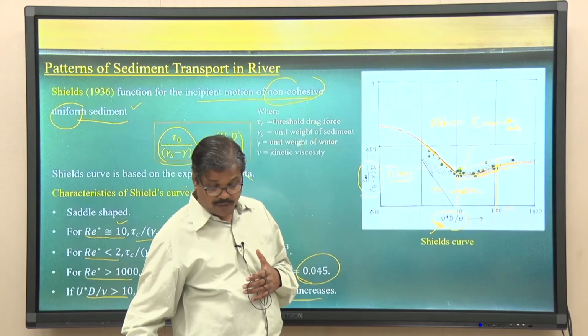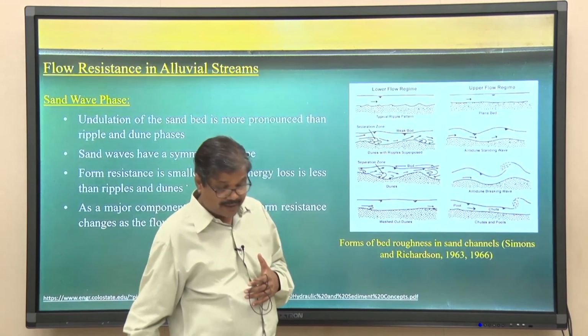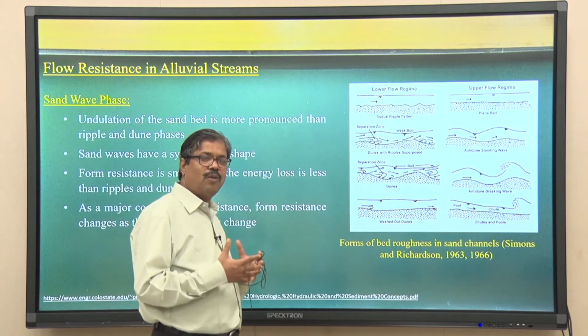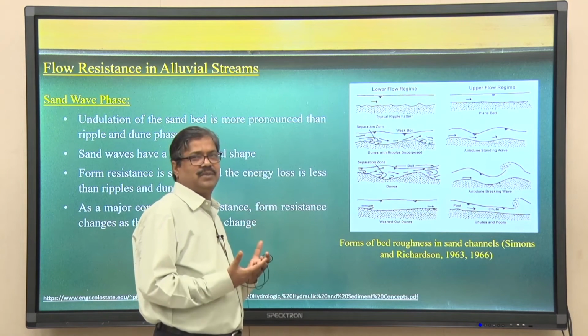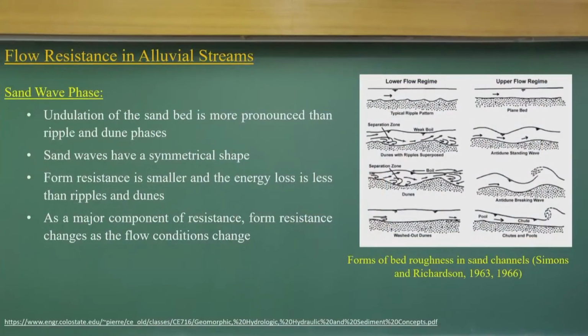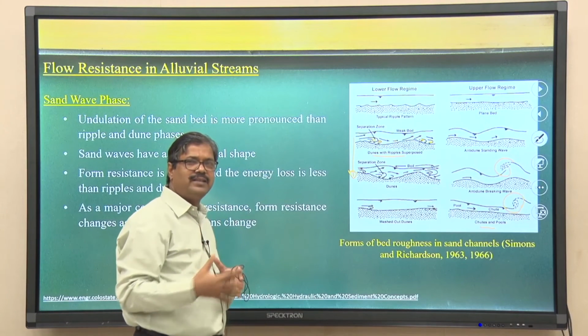When we talk about flow resistance equations, that means we are talking about energy dissipation. In deep rivers, there are a lot of flow separations and turbulent structures. In a similar way, when you have chute and pool, there will be wave breaking processes happening, and you have boil formations and all.